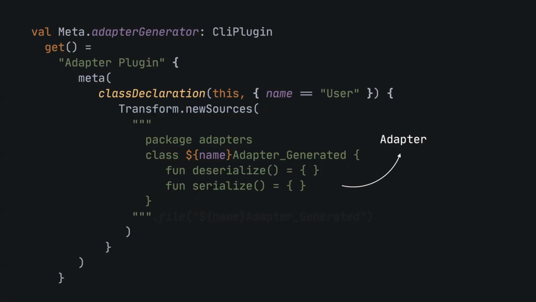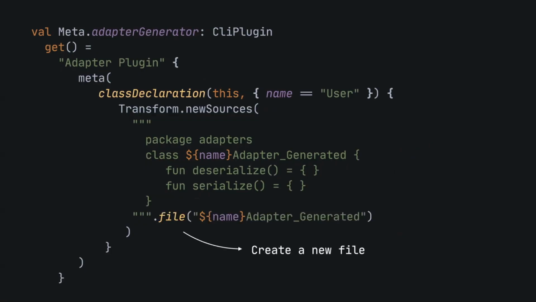You then specify you want this new source code to be in a new file, which is what the file name argument takes in. You have the name adapter underscore generated. That's the file name that will be created with this source code.